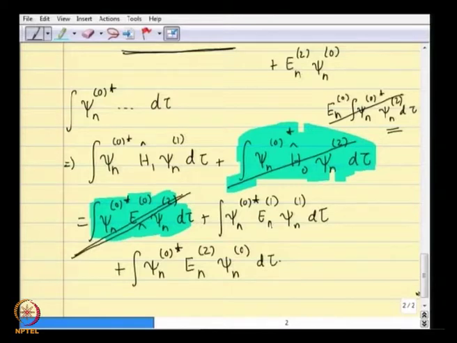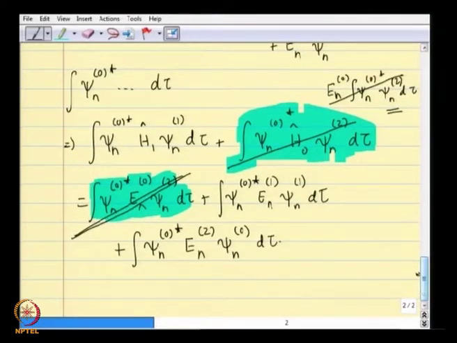Cancelled by that. So, what is left over is the integral psi n0 star H1 psi n1, and on the right hand side we have a couple of terms. We have En1, which is the first order correction, it is a constant. Therefore, this term can be written as En1 times the integral psi n0 star psi n1 d tau.